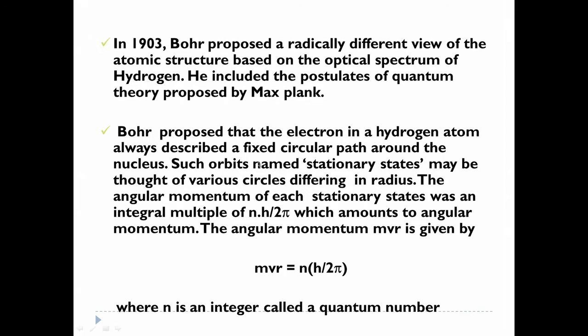If you supply a lot of energy, the electron may go off, that means it will ionize. So, the orbits in which the electrons are moving around the nucleus are known as stationary states in Bohr's theory, and he thought of various circles differing in radius. The angular momentum of each stationary state was an integral multiple of nh by 2 pi, that is Planck's theory.